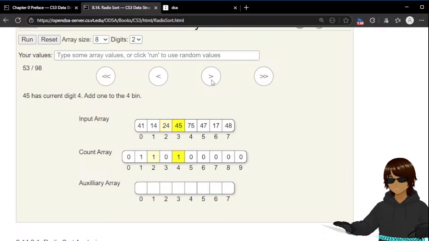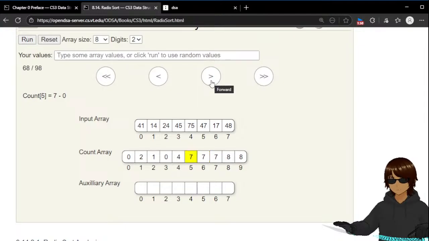And then now we do the same with the second digit. 8. Size is 8, so 8 minus 0. 8 minus 0. 8 minus 1. 7 minus 0.